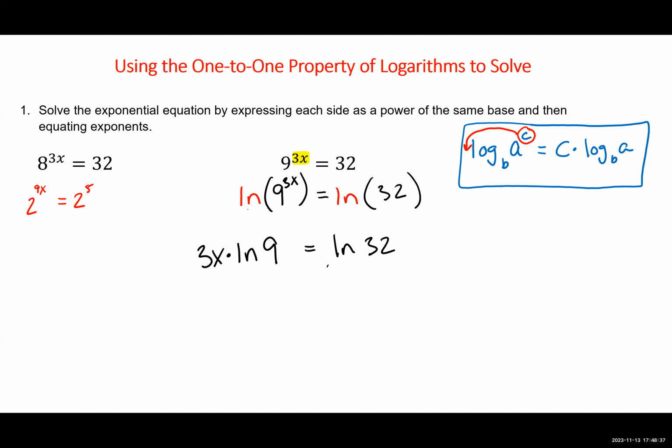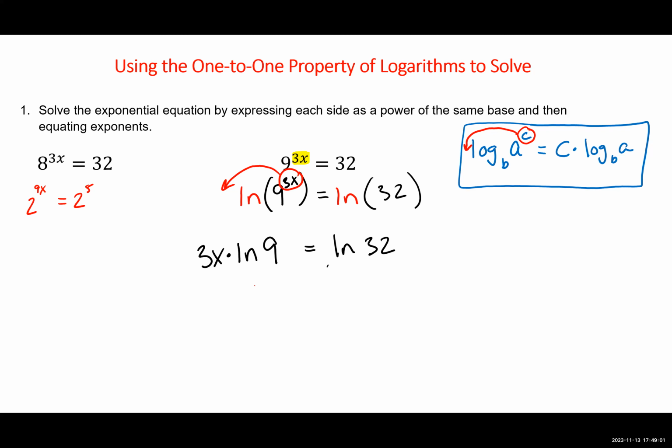Once we put this log out front, we have to do the same thing to both sides. We don't need a log on the right, but we have to do the same thing to both sides. So once we have that log, we're able to take that exponent and pop it out front. So then the variable x is no longer an exponent.